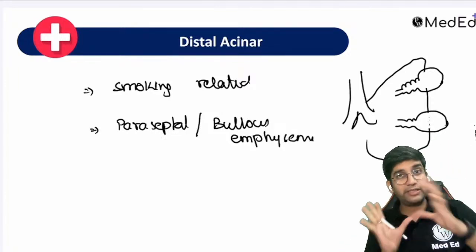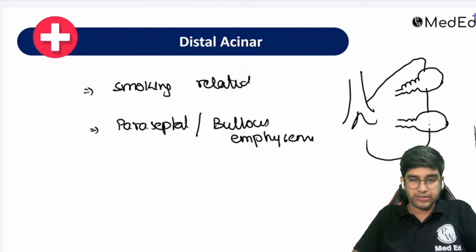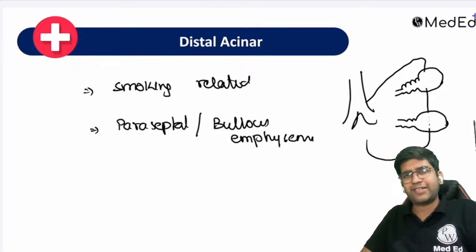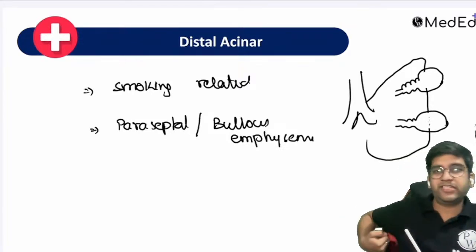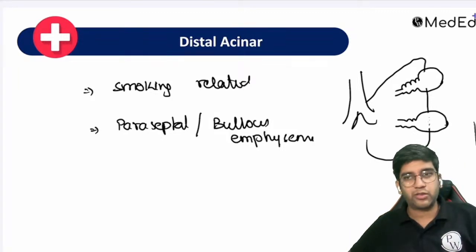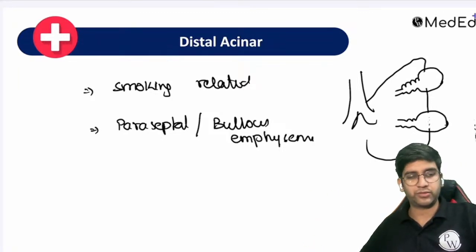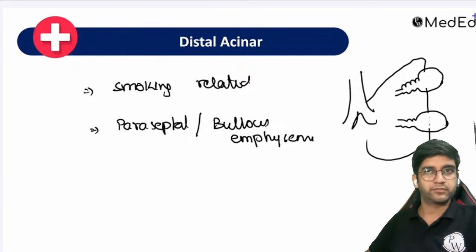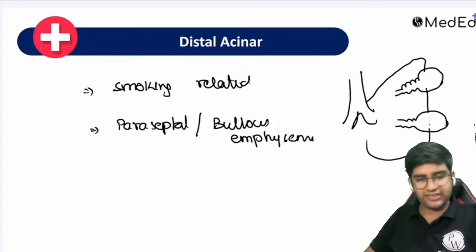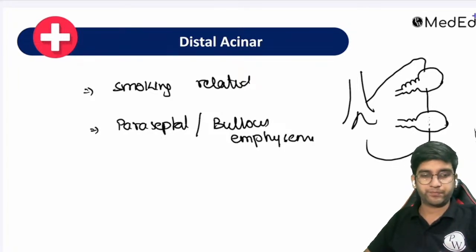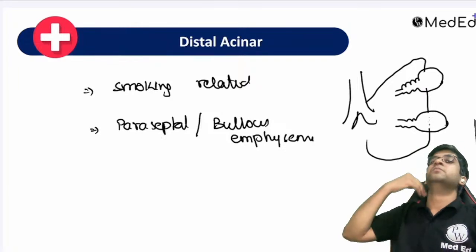The alveolus is completely dilated and becoming a bulla. Is there a possibility the bulla can rupture, if there is trauma or spontaneously? Can the bulla rupture? It can rupture, right? Definitely a possibility. If the bulla ruptures, let's assume the person inhales.